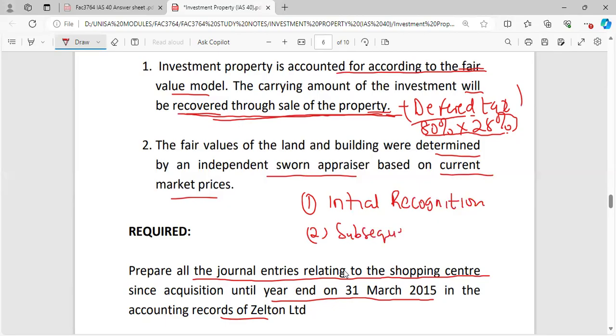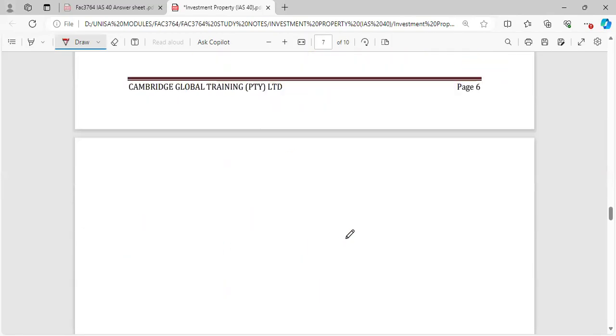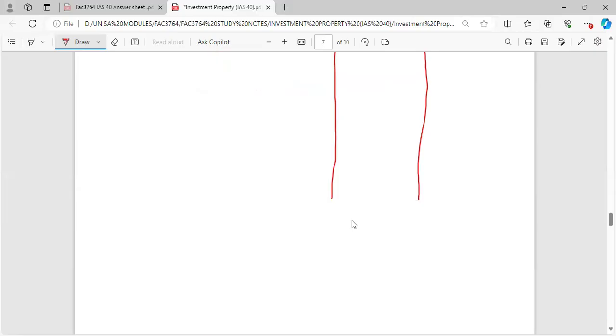So if the question is like this, you need to take into account the cost of the investment property at initial measurement and what is going to happen thereafter, that is the subsequent measurement. So in your journal entries, you need to recognize the investment property at initial measurement, and then look at what happened to the investment property thereafter. So let us just quickly do these journal entries together.